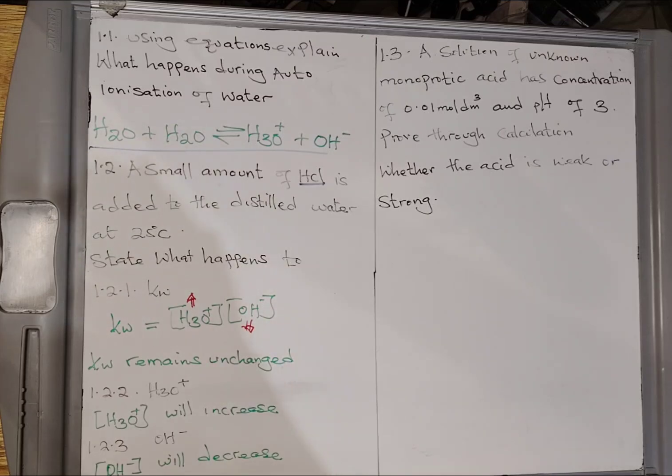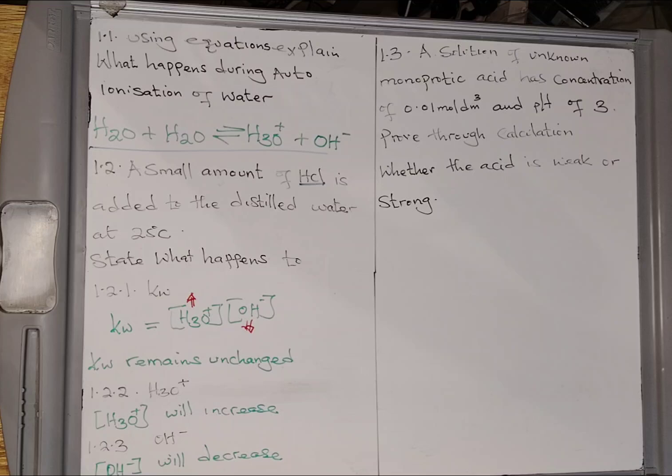First of all, what is a strong acid? It is the one which is completely ionized. That means if the acid is strong, the concentration of the hydronium ion must be equal to the concentration of the acid. And if the acid is weak, the concentration of hydronium ion is supposed to be less compared to the concentration of the acid.